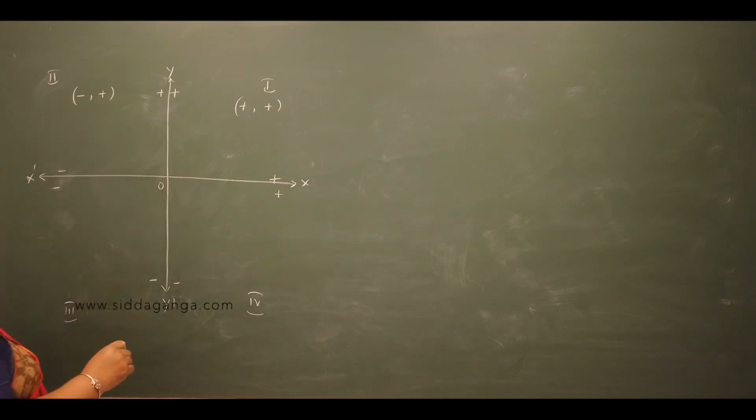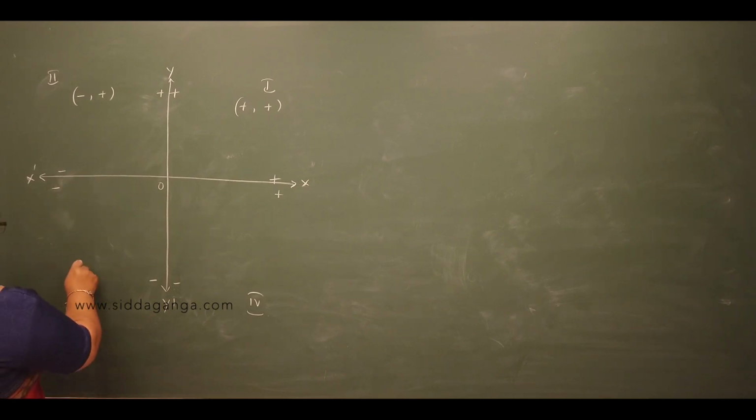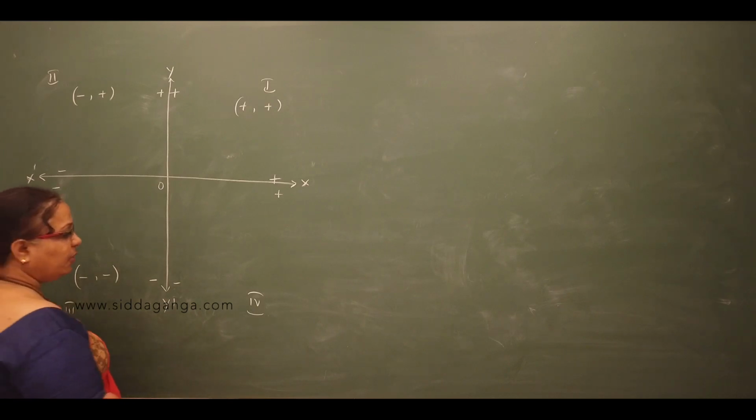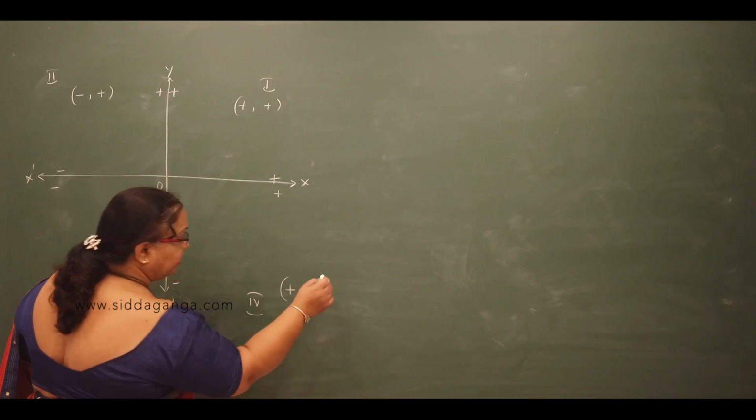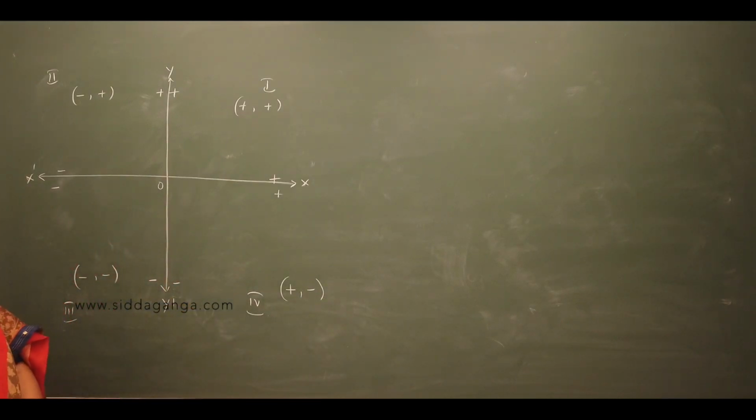In the third quadrant, both the signs are negative, so that point lies in the third quadrant. And in the fourth quadrant, x coordinate must have positive sign and y coordinate must have negative sign.